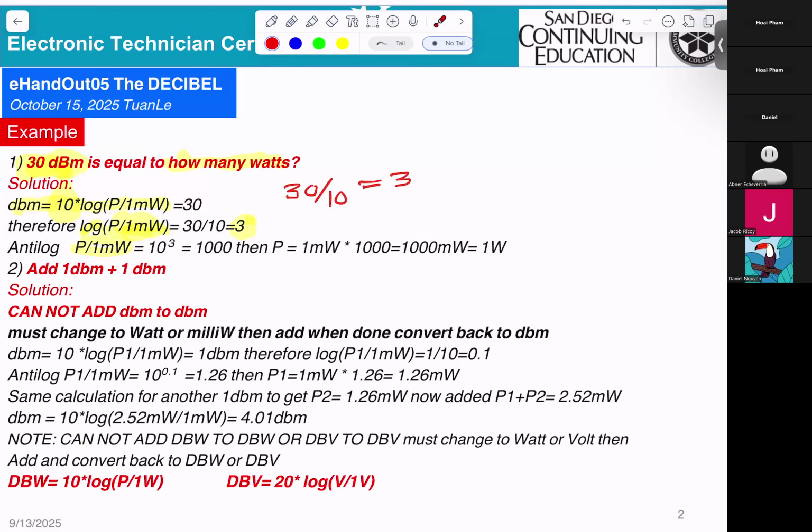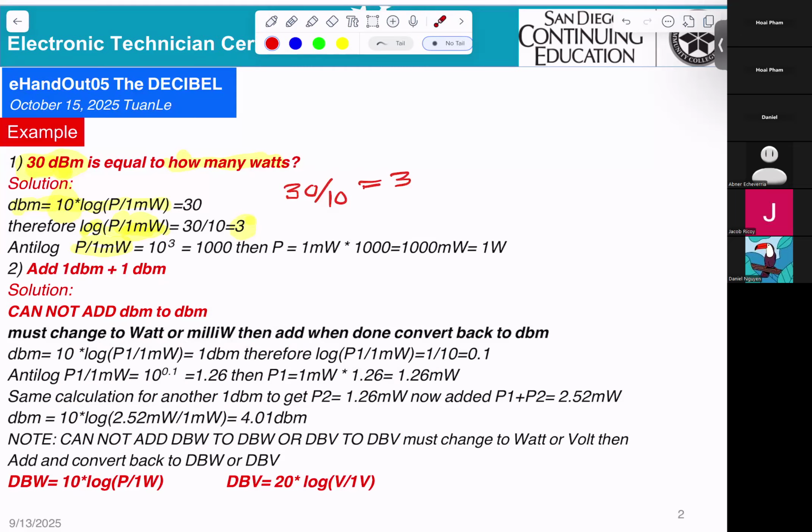They say the note in here: you cannot add dB watt to dB watt, or dB volt to dB volt. That means dBm added to dBm, you cannot. dB volt to dB volt, you cannot. dB watt to dB watt, you cannot.